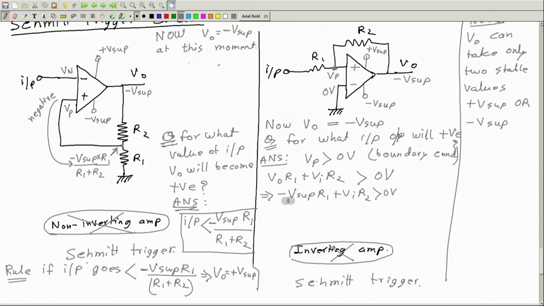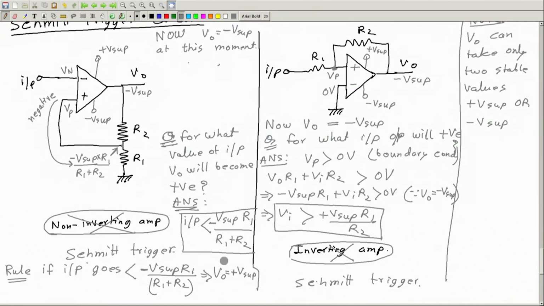Since Vo is equal to minus V supply, from this I can write that Vi has to be greater than, I bring this on that side, so it becomes plus V supply R1 divided by R2. So, this is the condition.